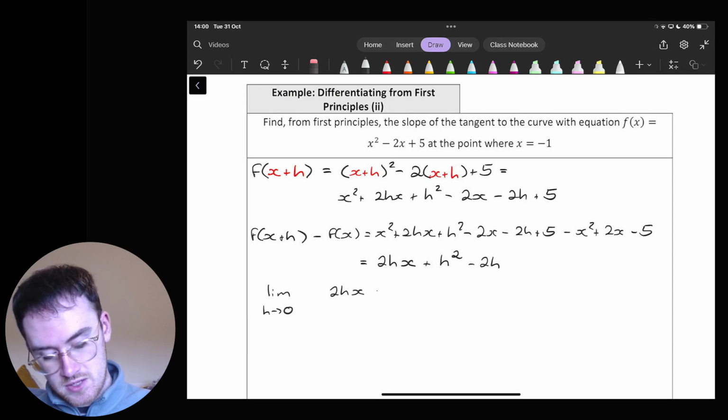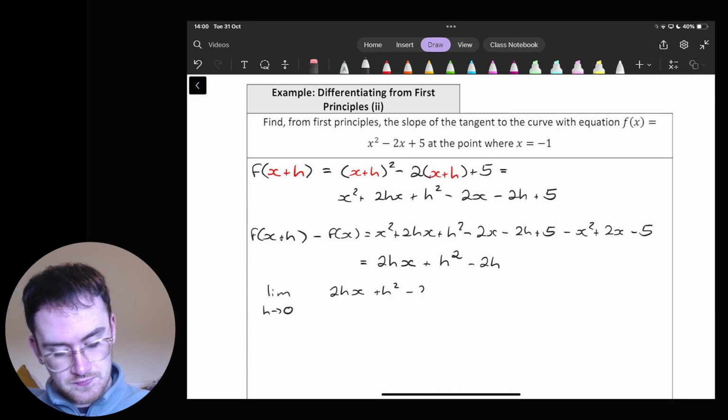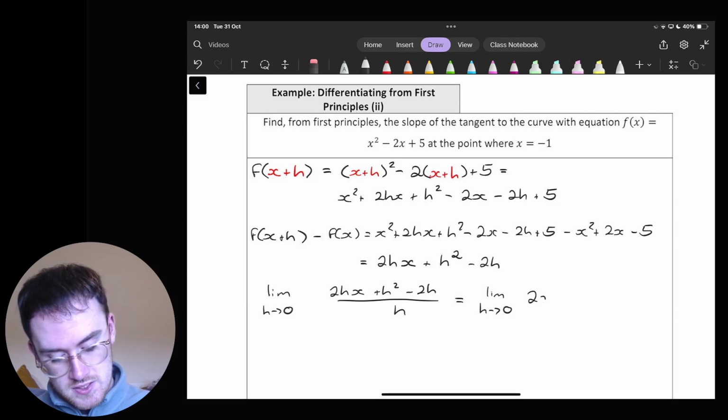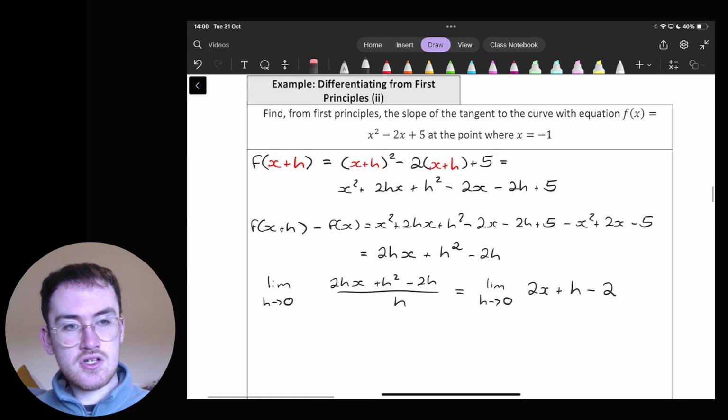Now, this was the top part of my fraction, so let's just sub it in, all over h. I can divide the h into the top parts, and it leaves me with 2x plus h minus 2.